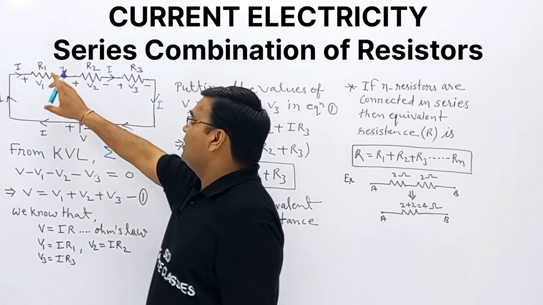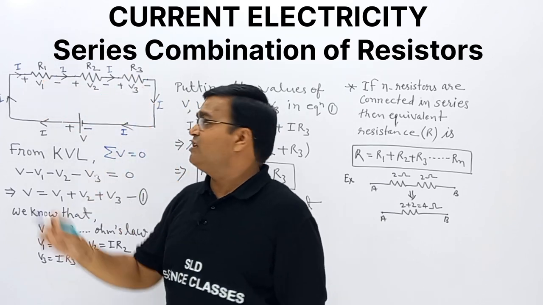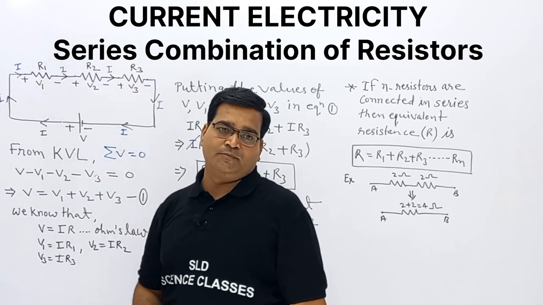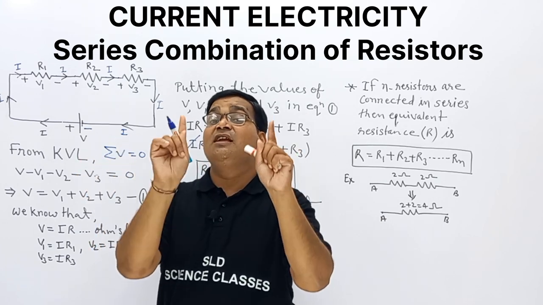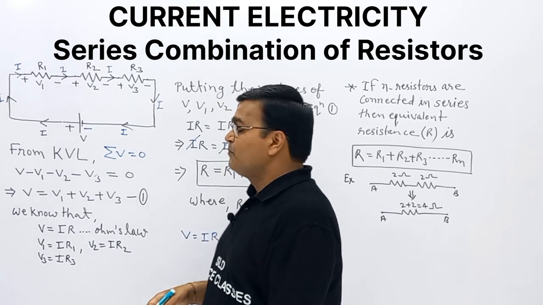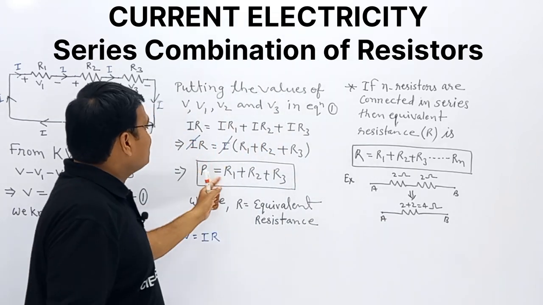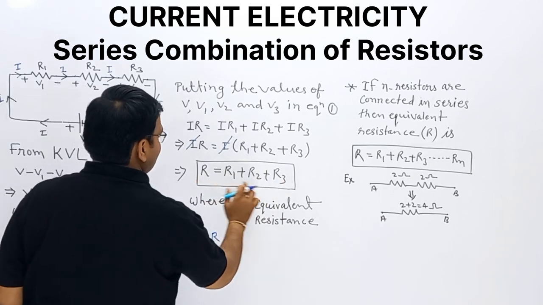Clear? So in place of these resistors, each 2 ohm, we can use a single resistance, that is 6 ohm. So once three resistors are connected in series, the equivalent resistance will be the sum of all these resistances.